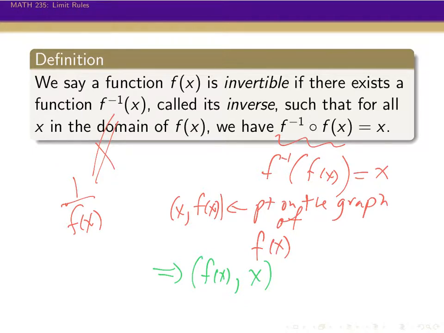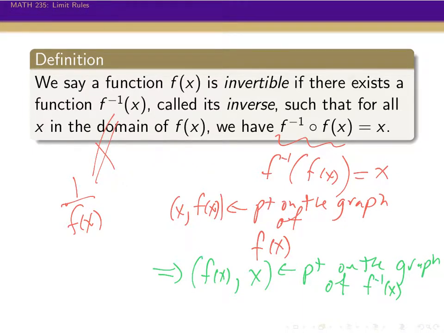So that's saying that the point f of x, comma x, is now a point on the graph of f inverse of x.